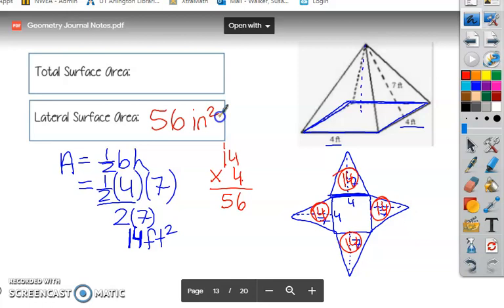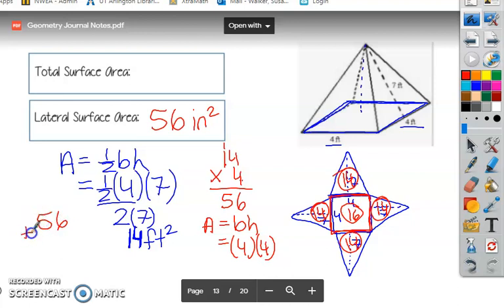Okay, so total surface area, all I'm missing is right here. Square, same as rectangle as far as formula. Base times height, which is 16, right? So 16 is this base. So all I need to do now is add it to the lateral.